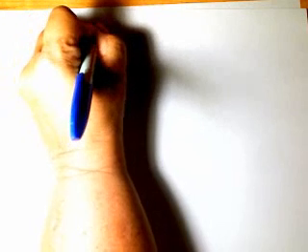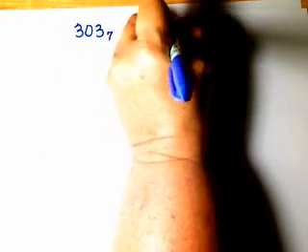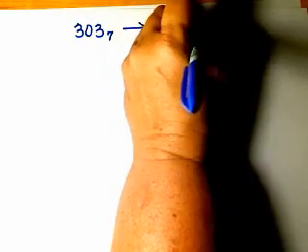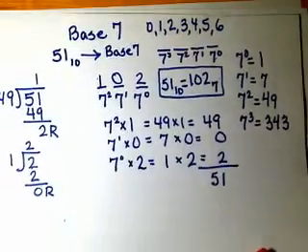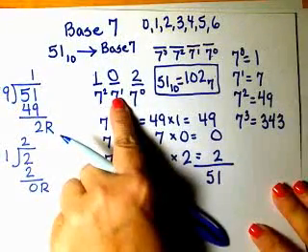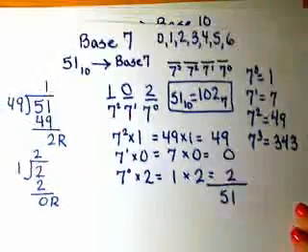Now, let's take 303 base 7 and convert to base 10. What you need to see is we've already got the answer. I'm just asking you to do it backwards now.